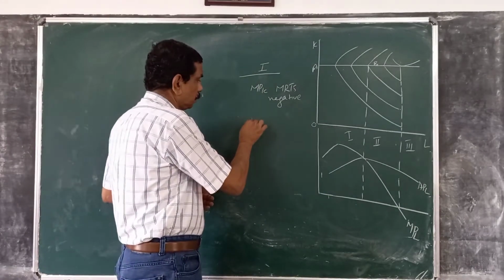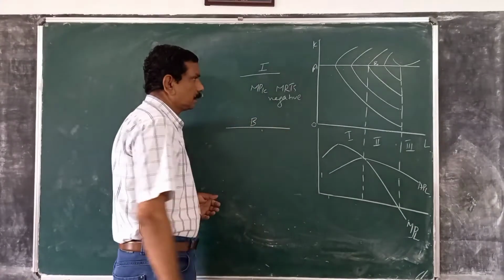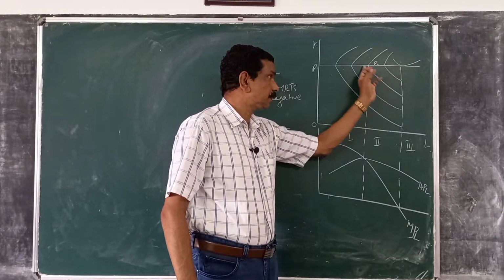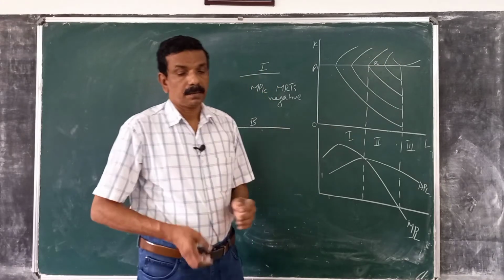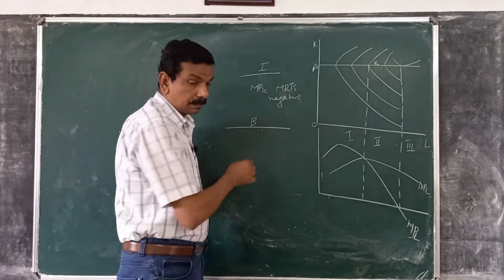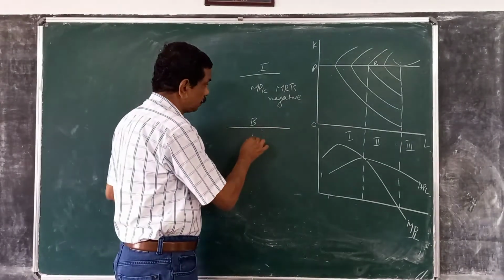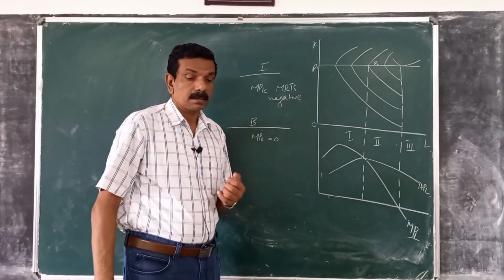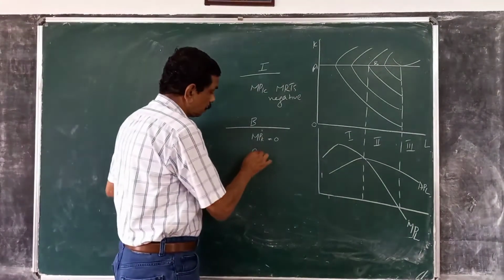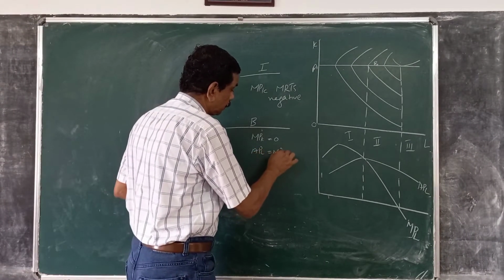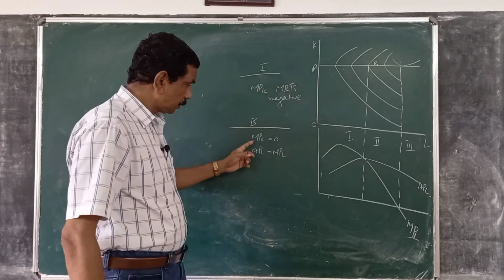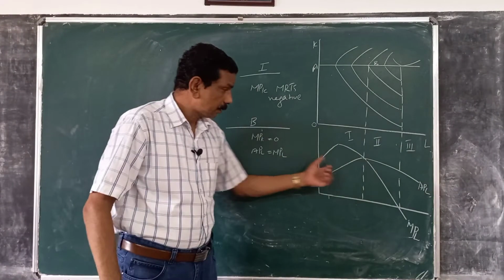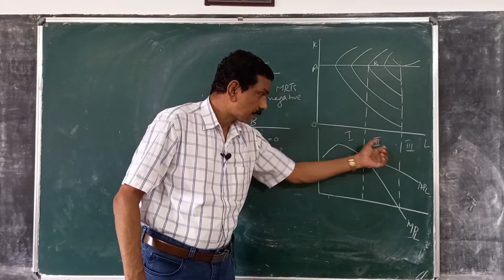At point B, as we know, the curvature of the isoquant changes from negative to positive. MRTS is undefined. MPK is equal to 0, and APL is equal to MPL. When MPK is equal to 0, APL is equal to MPL, and this is the demarcation between the first and second stage.